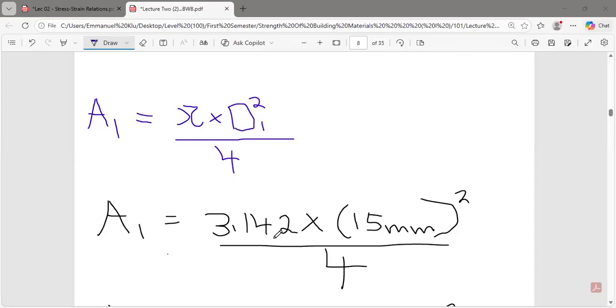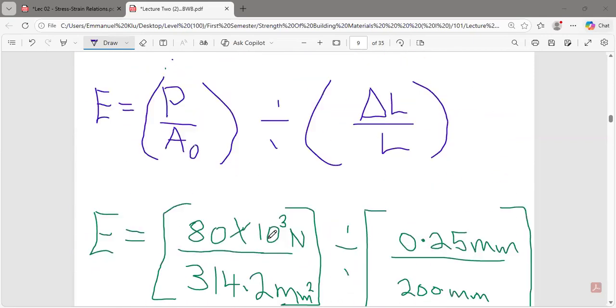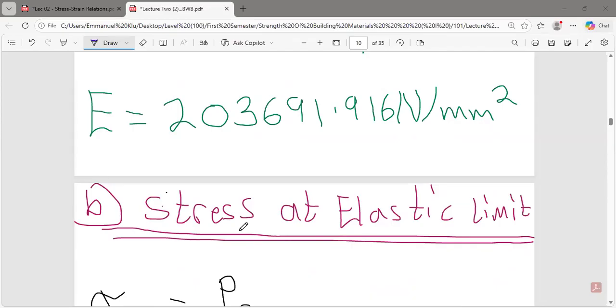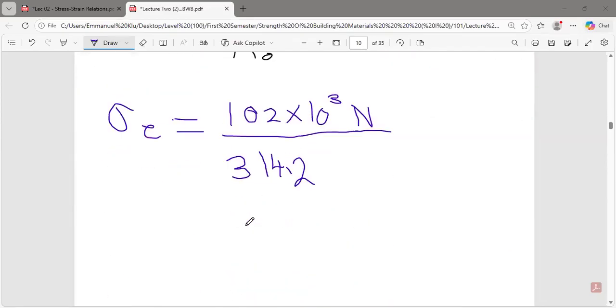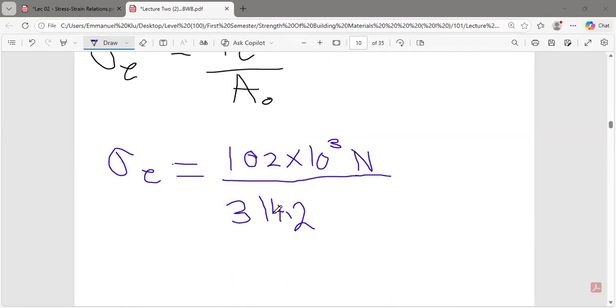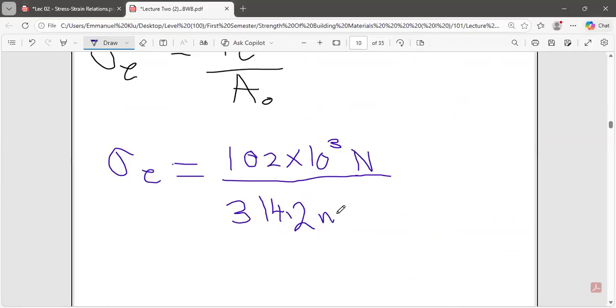If you are using the real pi on the calculator, it may differ, but because we are maintaining 3.142, there is a bit of variation in our answer. For teaching purposes, I have to adopt this. But if you use the real pi on the calculator, life is going to be much easier, and your answer is going to be very similar to that in the slide. But this is also very much precise, and this is 314.2 millimeters squared.